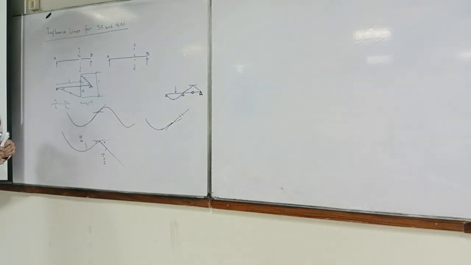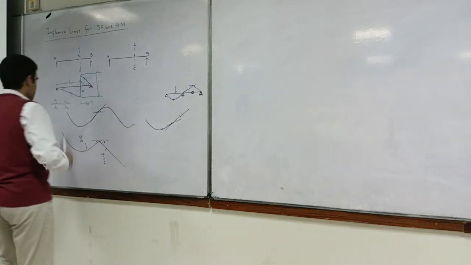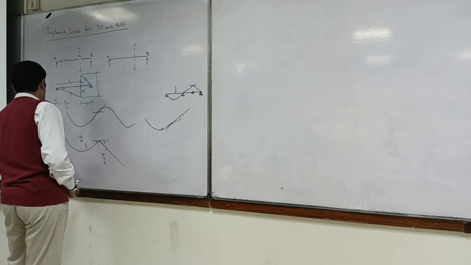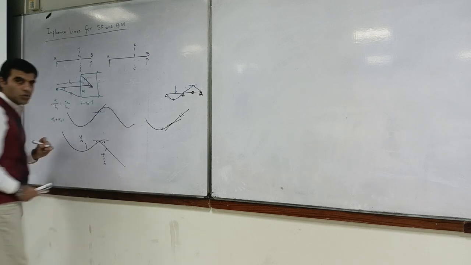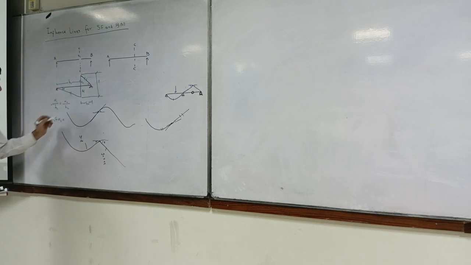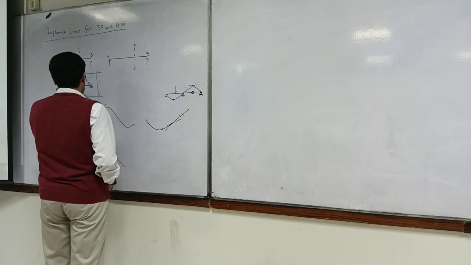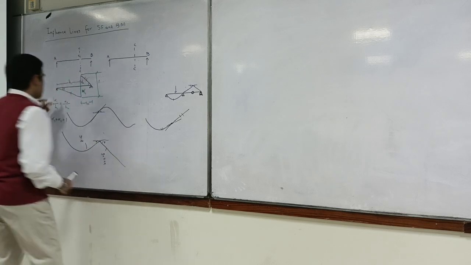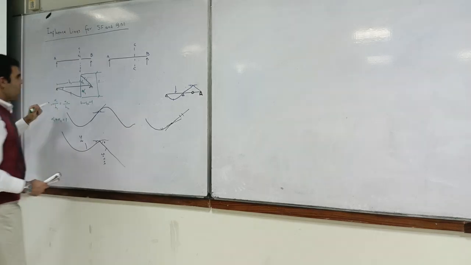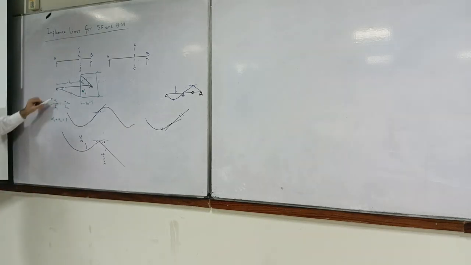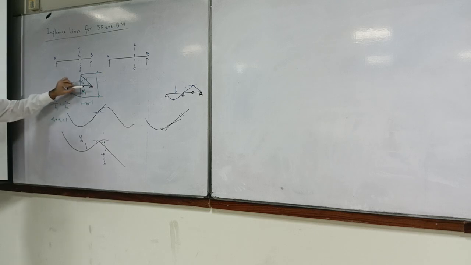We can say that? Yes. And another equation is alpha 1 plus alpha 2 must be equal to 1. This slope alpha 1 by h1 and alpha 2 by h2 must be equal, and alpha 1 plus alpha 2 must be equal to 1.